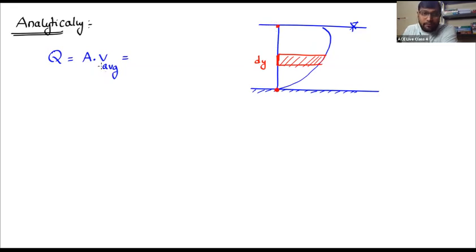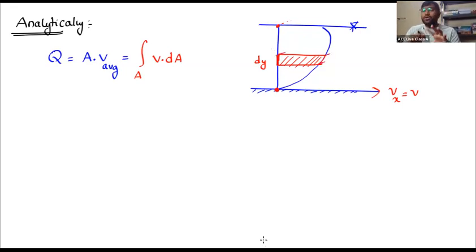A into V average is nothing but, whatever the velocity distribution, let's take it as Vx, equal to small v, integration over the total area, V into dA. This element must be having some width.